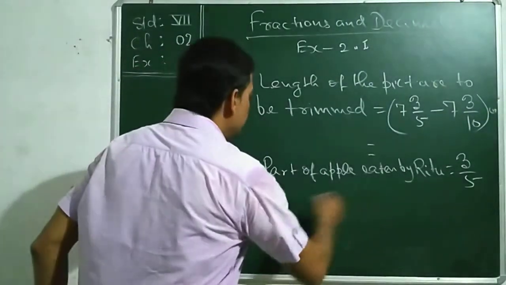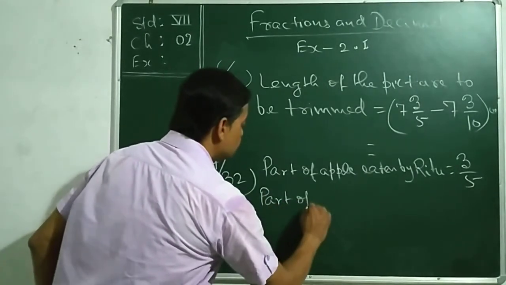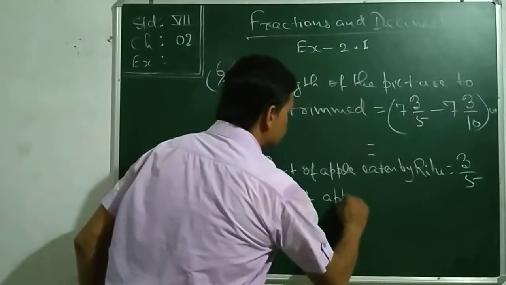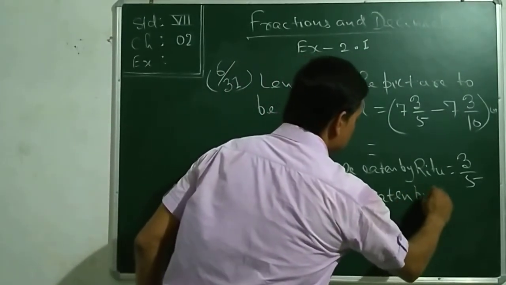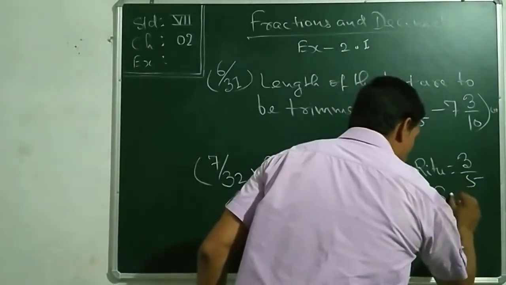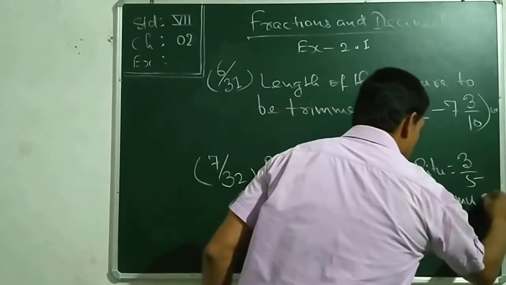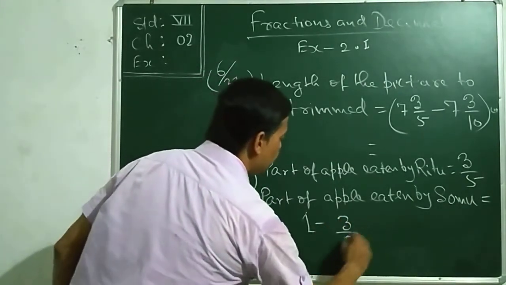So come to the part of apple eaten by Somu will be 1 minus 3 by 5.